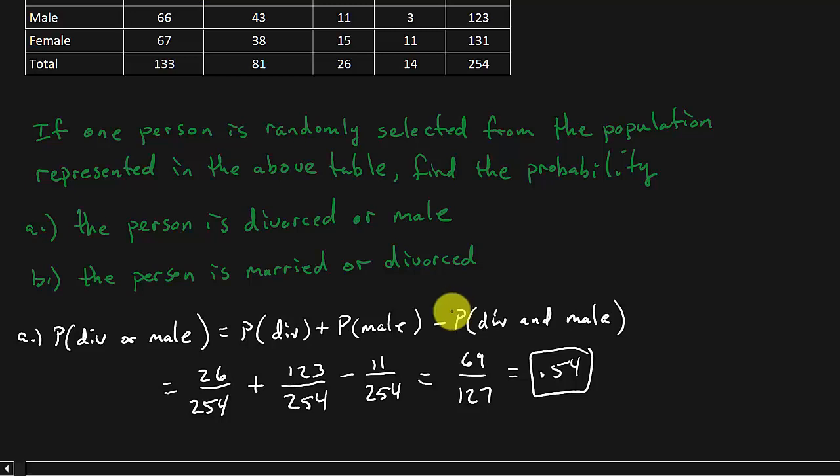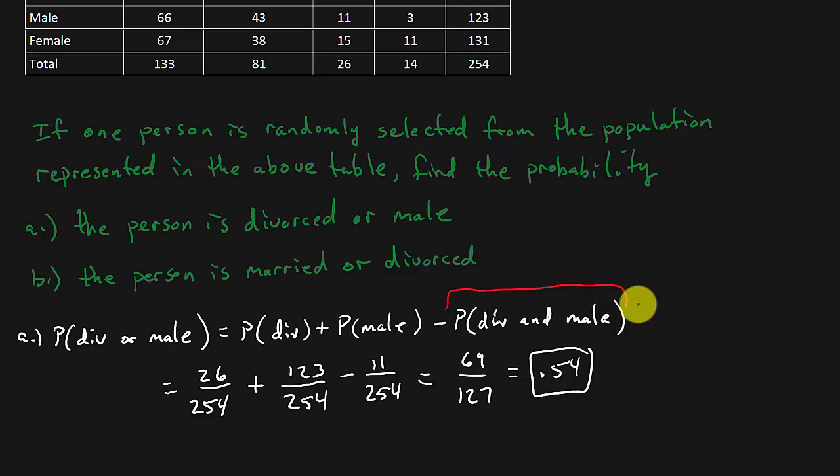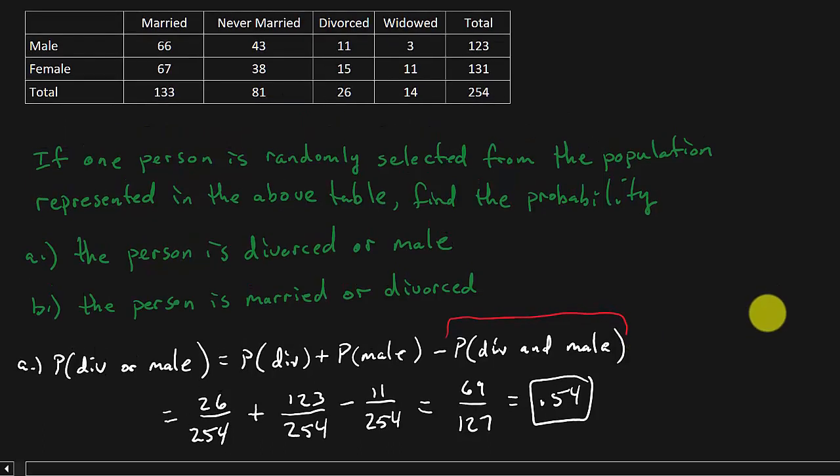Now, let me go over right here and explain why that is in the formula, and how we know when to put it, when not to put it. The first thing we did is we looked at the probability divorced. We did the 11 plus the 15, and that gave us a total of 26.